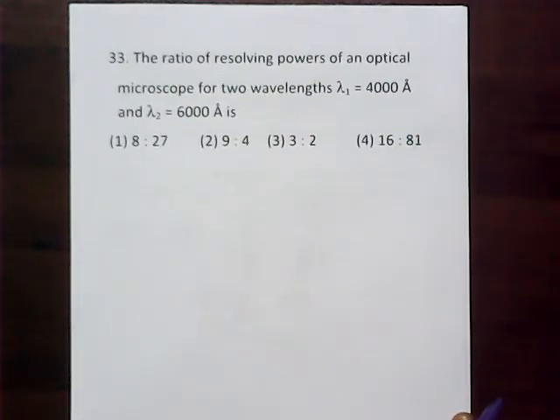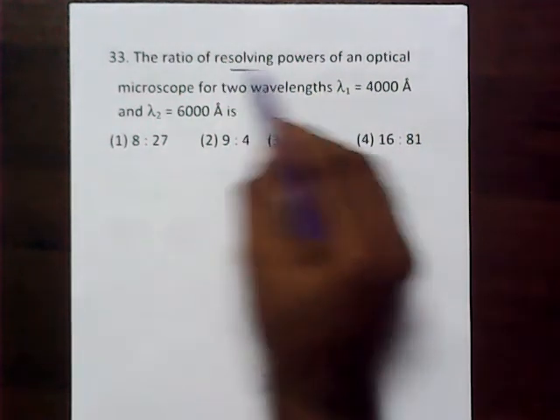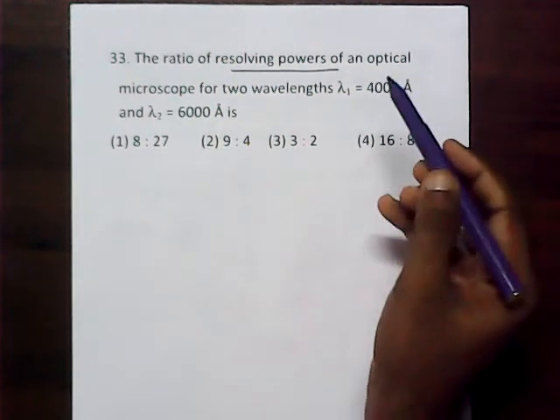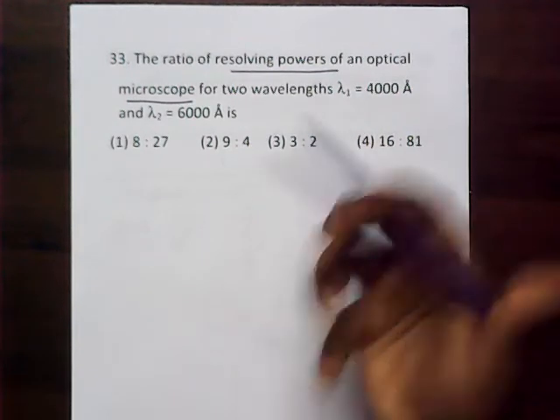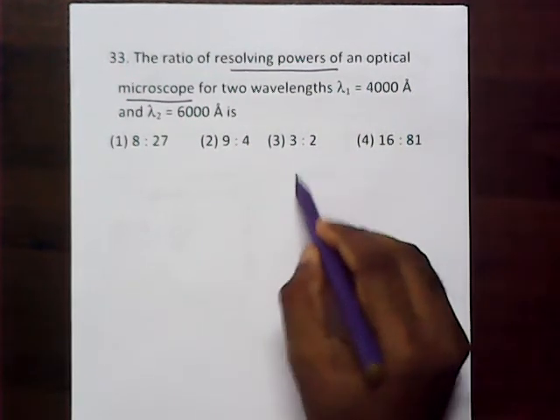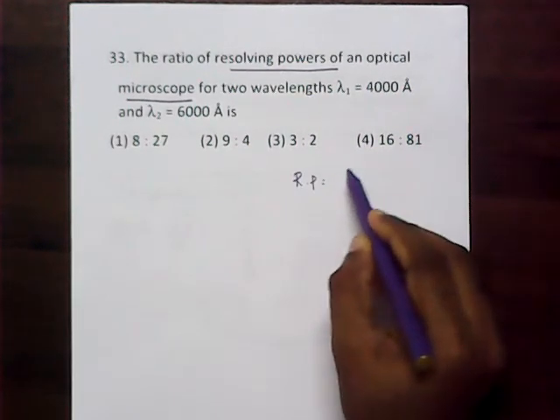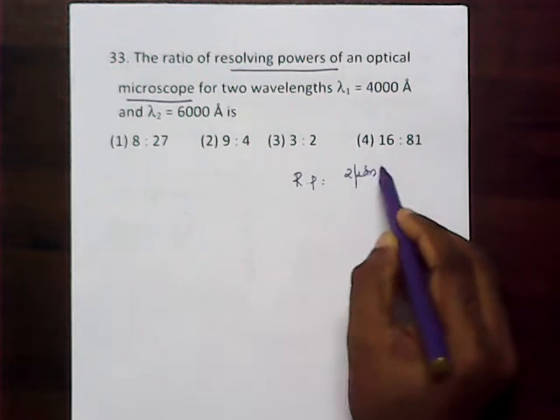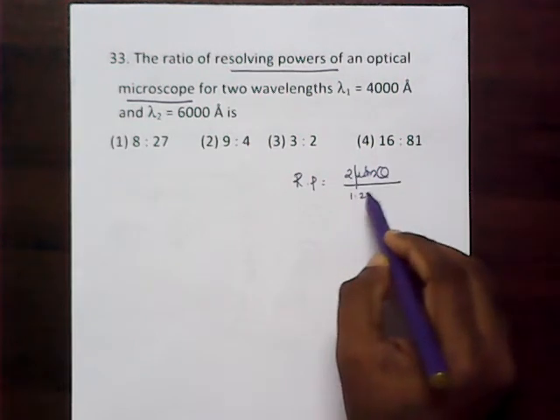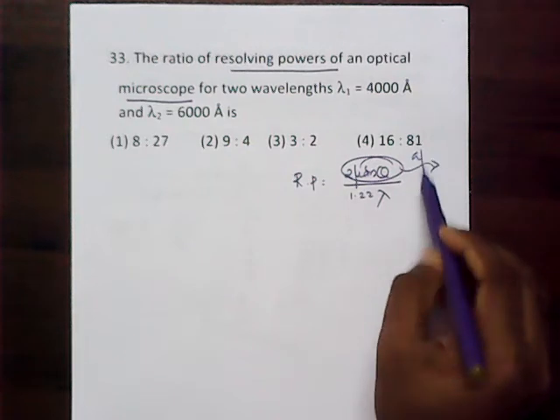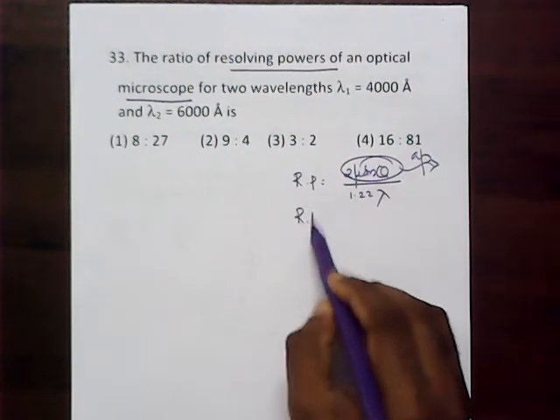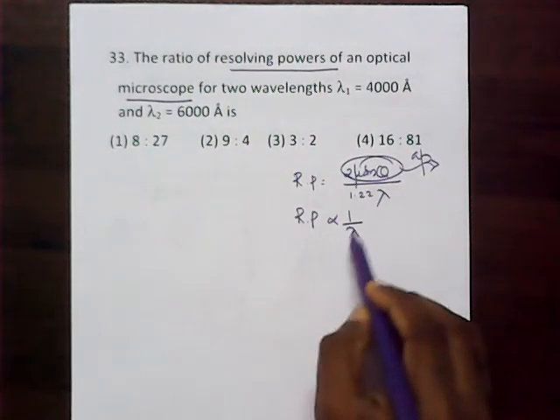The ratio of the resolving power of an optical microscope. For a compound microscope, the resolving power is equal to 2 mu sine theta divided by 1.22 lambda. So 2 mu sine theta, that is the aperture. So here the resolving power is inversely proportional to lambda.